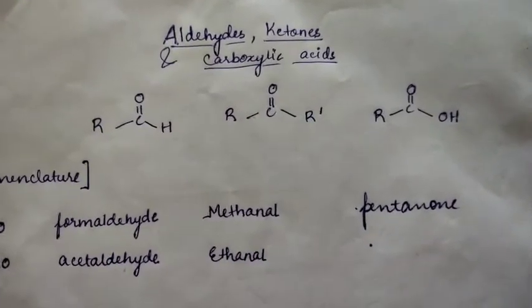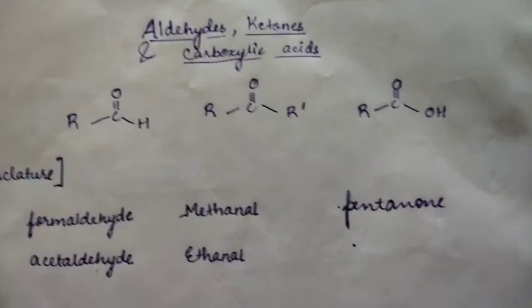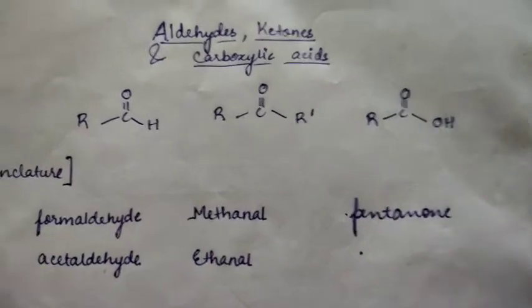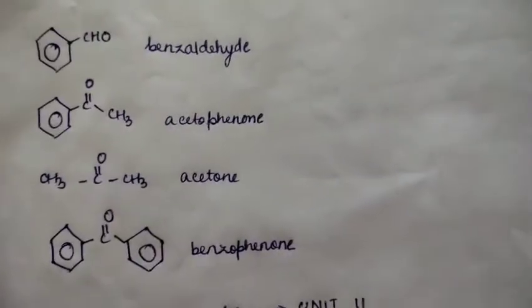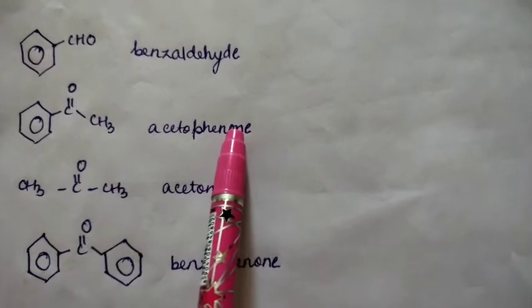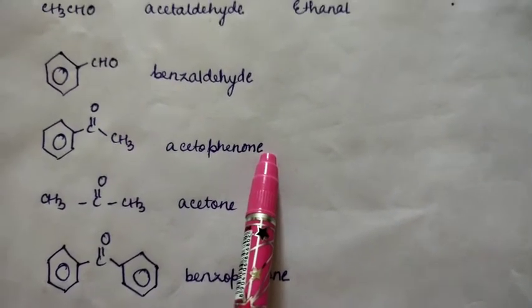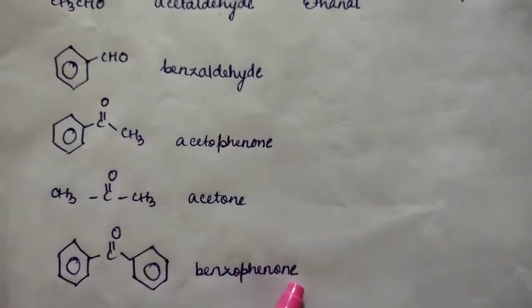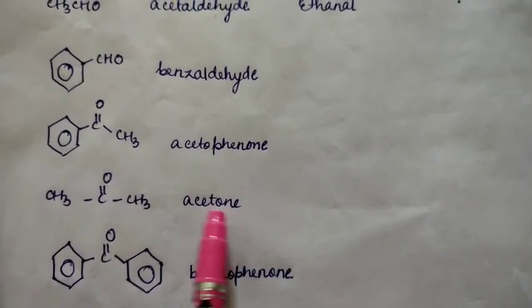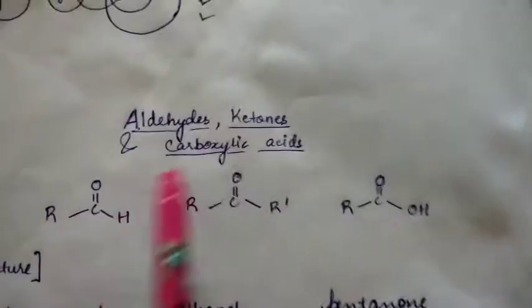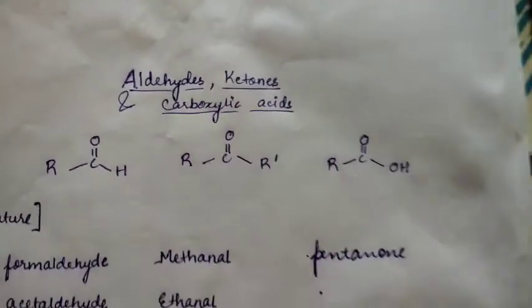Next, for ketones, we will use ONE. For example, pentanone. And if we go for the cyclic compounds, you see here acetophenone. ONE is the ending here, the suffix used in the name for ketones. Benzophenone. This is acetone. So all these are ketones. Next, carboxylic acid.